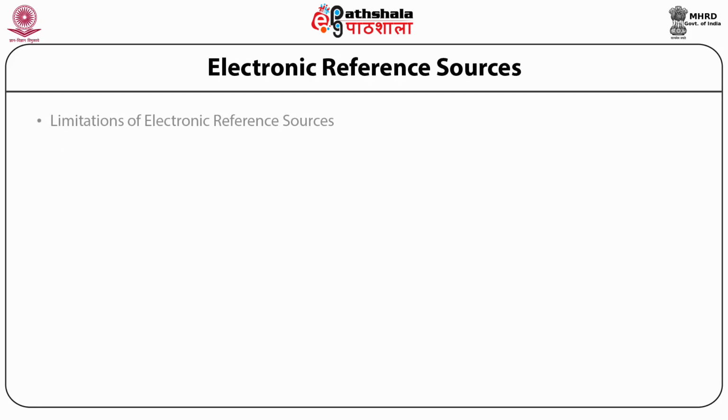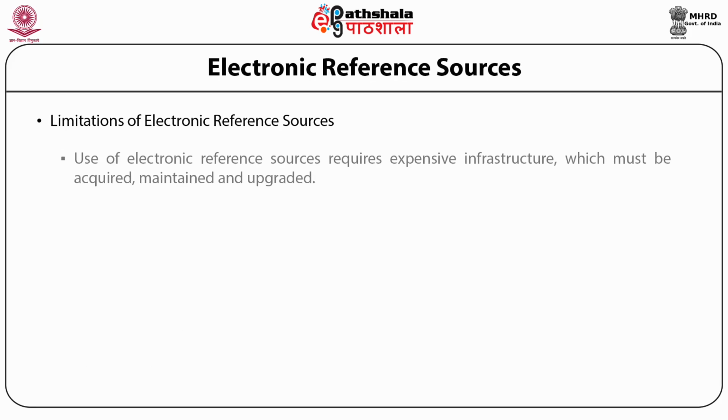However, there are some limitations of electronic resources. Here, use of electronic resources requires expensive infrastructure which must be acquired, maintained, and upgraded. This covers computer hardware and software, internet connection, and subscription to databases.